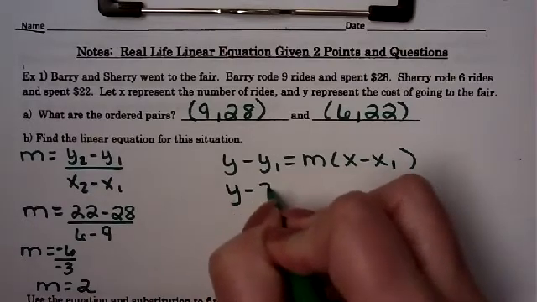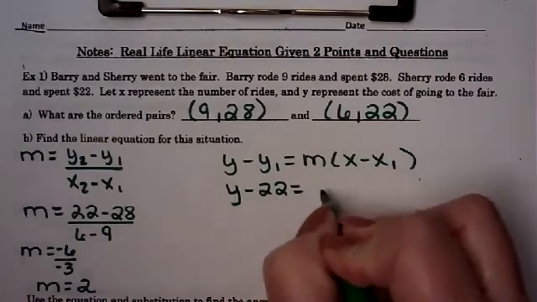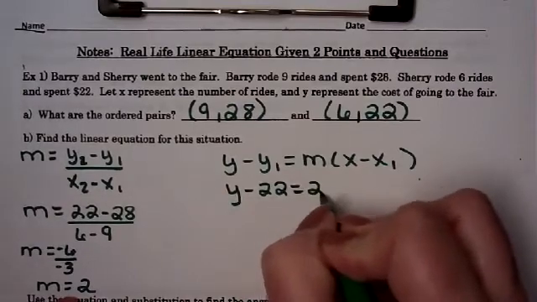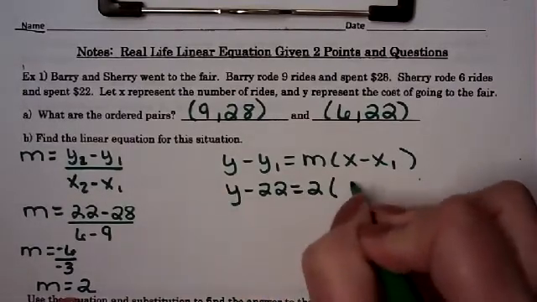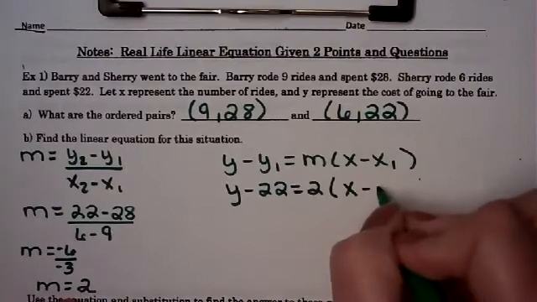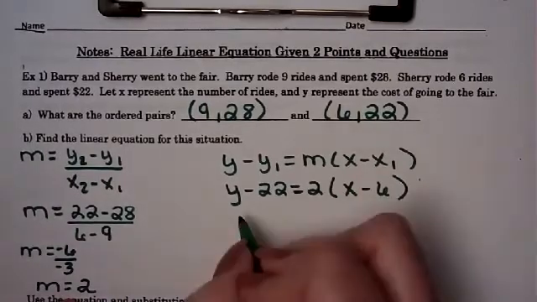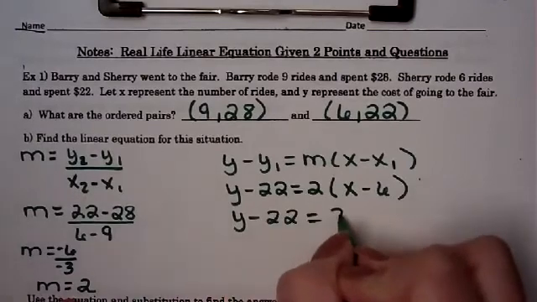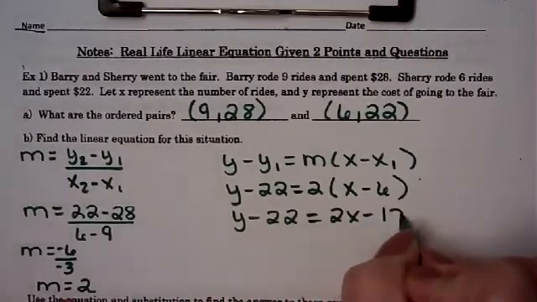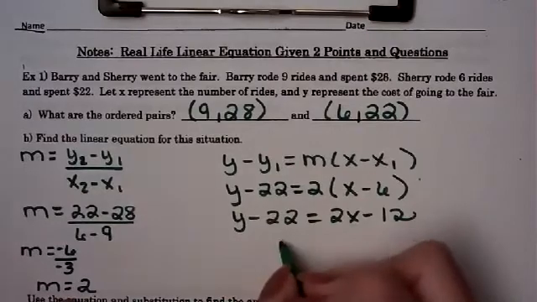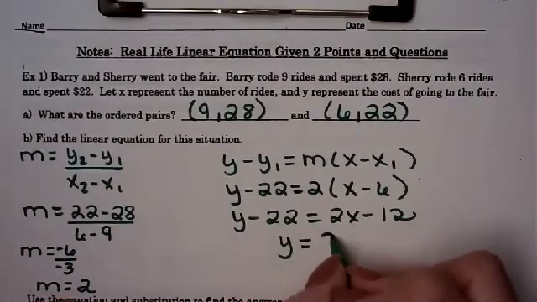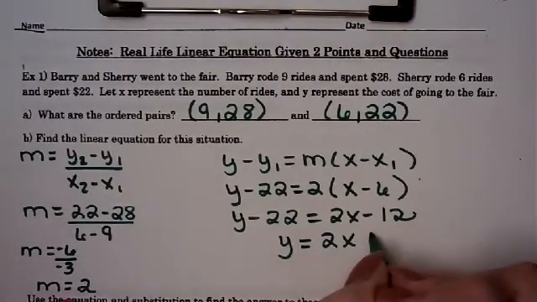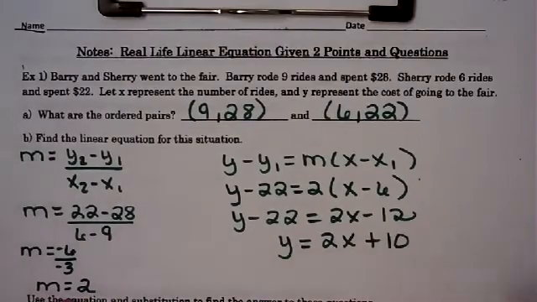So y minus 22 equal to my m right here is 2, parentheses x minus 6. Now, y minus 22 is equal to 2x minus 12. We'll add that 22 to both sides. So we've got 2x plus 10.